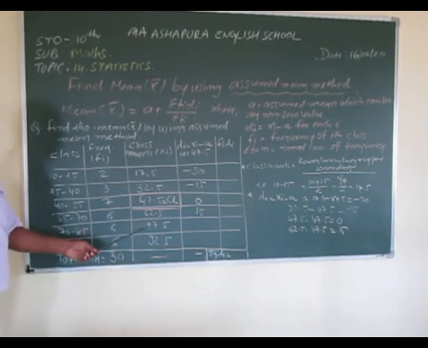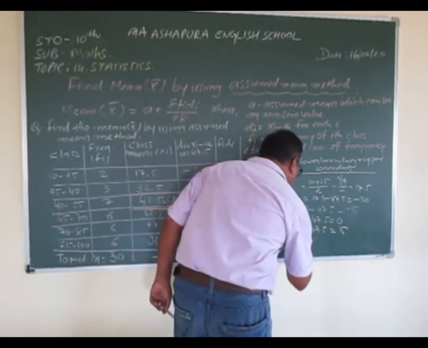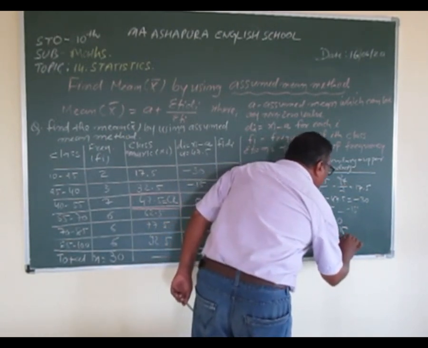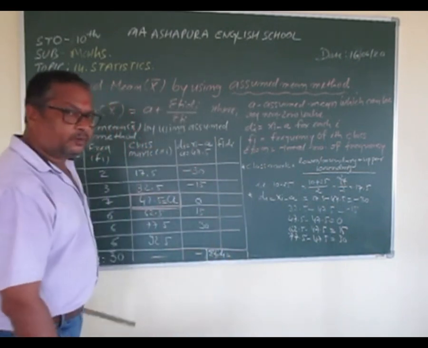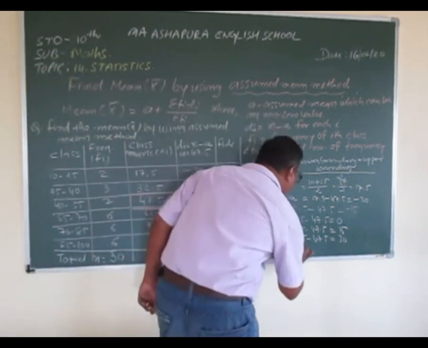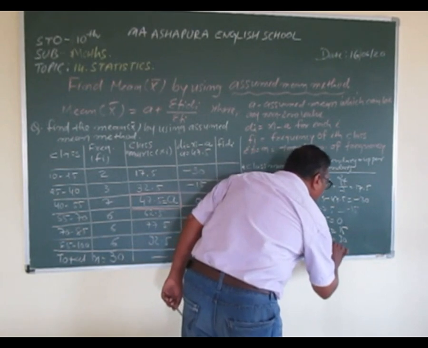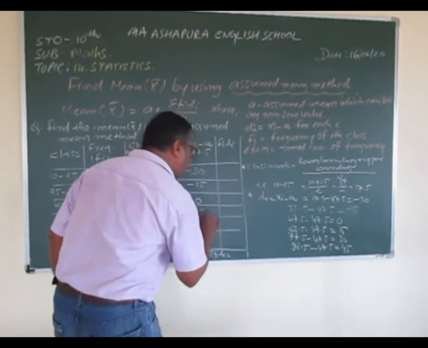Next one, 77.5 minus 47.5. We get 30. And from last, 92.5 minus 47.5 is equal to 45.